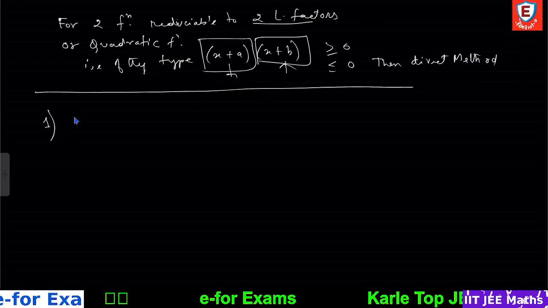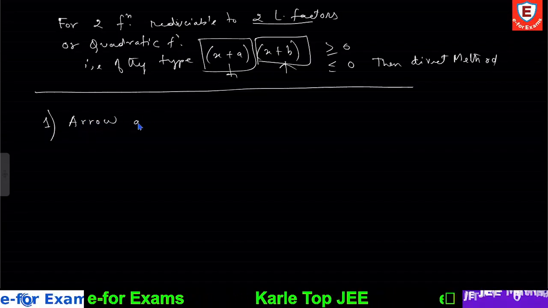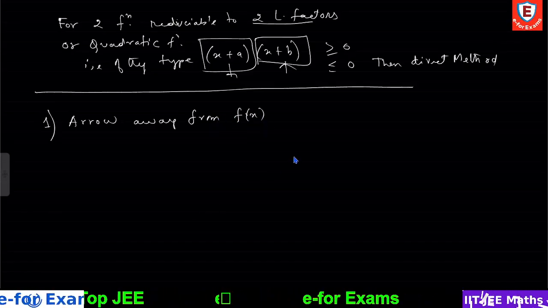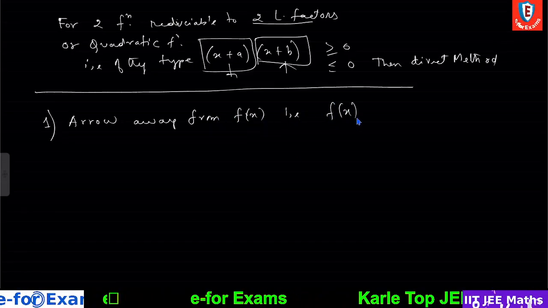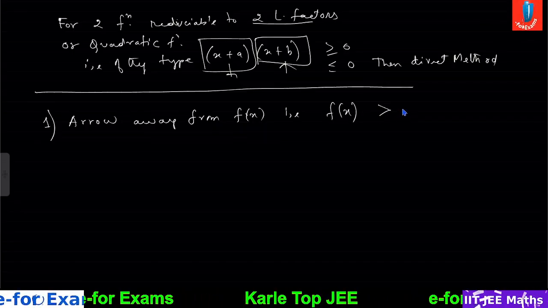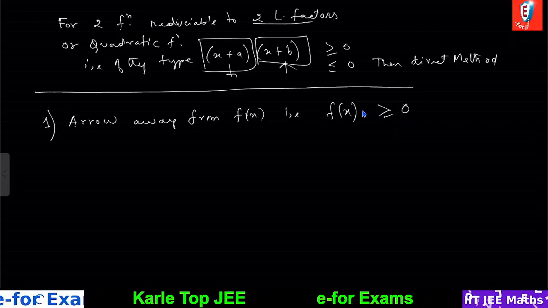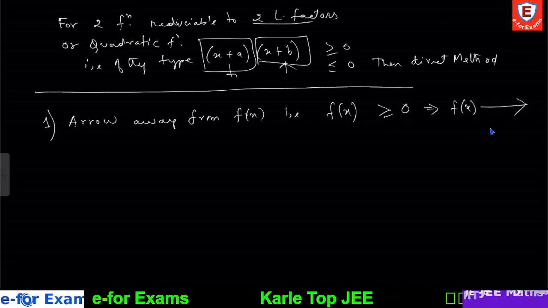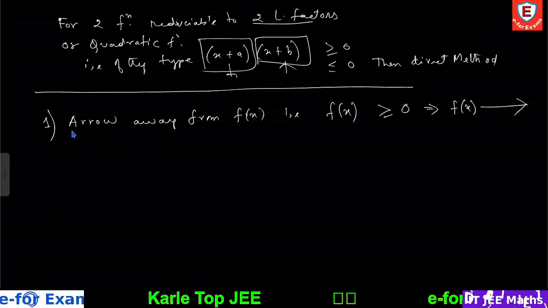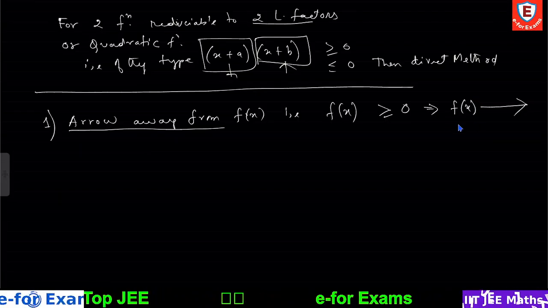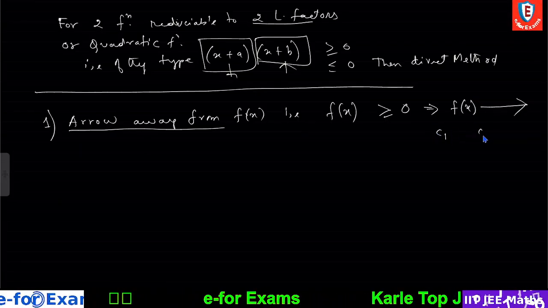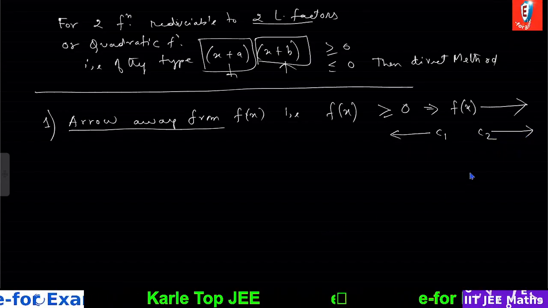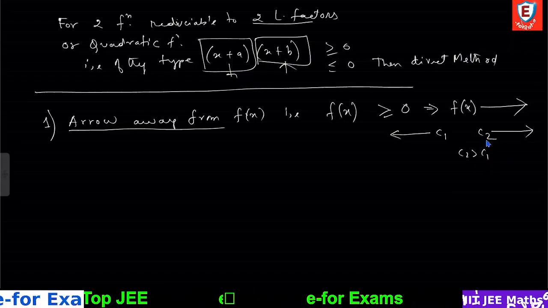Number 1, arrow away from the function. That is, f of x is here and it is greater than or equal to 0. This means the arrow is away, right? We can imagine this as the arrow away. If the arrow is away, you are going away from the critical points. Critical point 1, critical point 2: this is going away from critical point 1 and this is going away from critical point 2, where C2 is greater than C1.